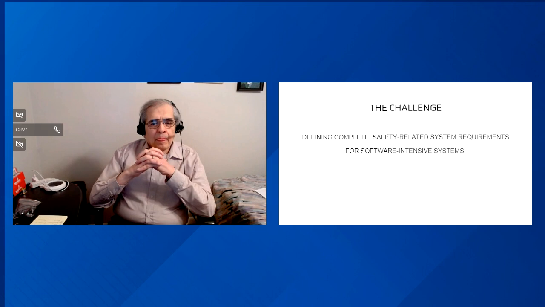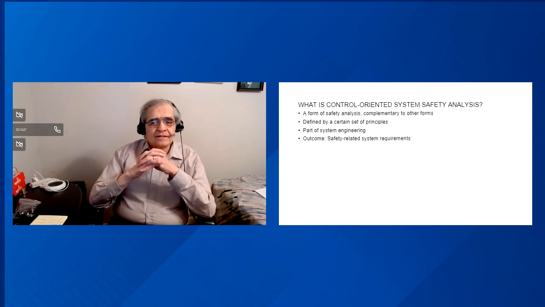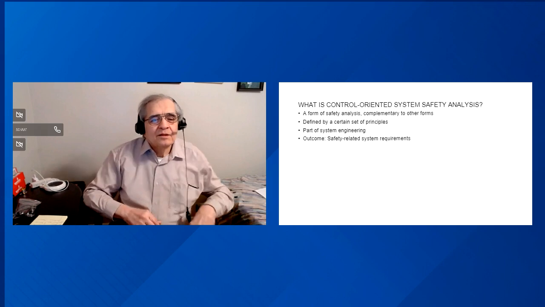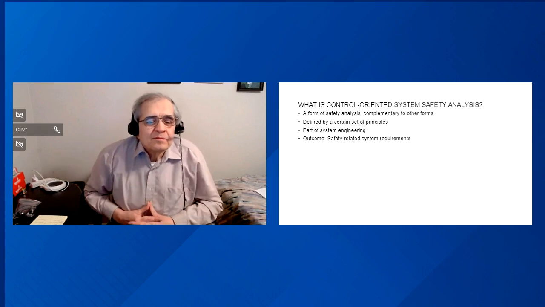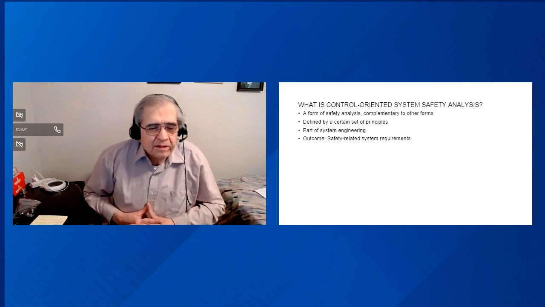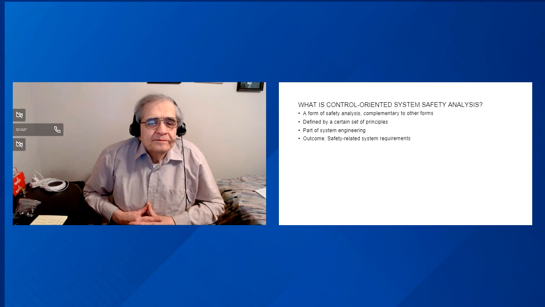On to the what-is questions and answers, the core entities that play a role in control-oriented system safety analysis and in the development of the standards for that analysis. And indeed, the first question is, what is control-oriented system safety analysis? It is a form of safety analysis complementary to other forms, and I emphasize complementary.